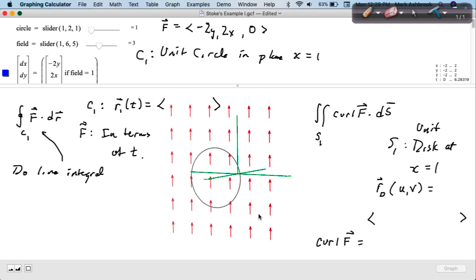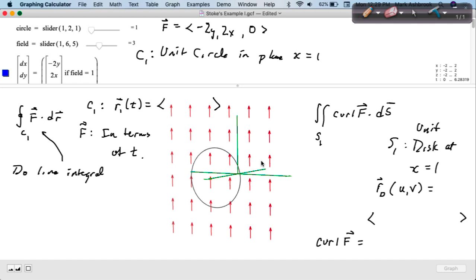You should be thinking 0, right? Because there's no component of those red vectors that's going through, that's orthogonal to that surface. When we do flux, we take as much of the vectors as is orthogonal to our surface in the direction of n. Since these curl vectors are straight up, they're all parallel to the surface.